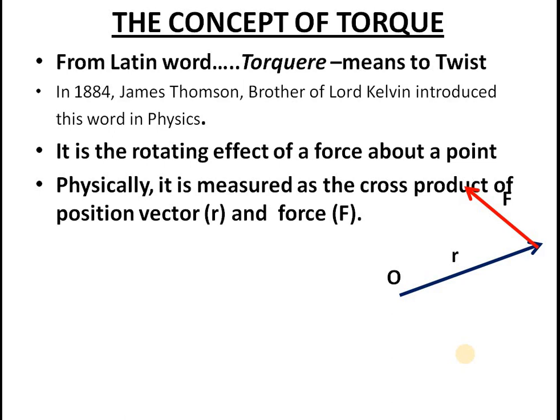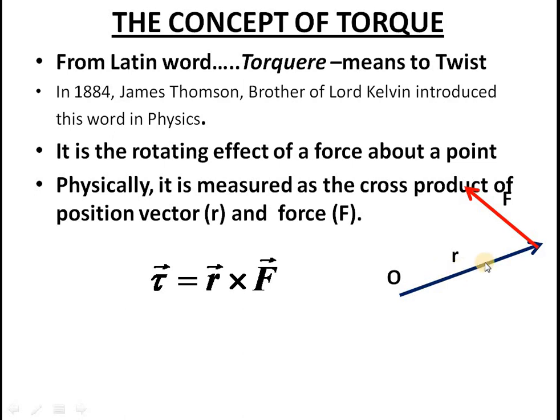You can express torque mathematically as the vector cross product of position vector and force. So what is the position vector, and what is the force here? Suppose you are applying a force at some point on a body. With reference to some point O, the force is like this.